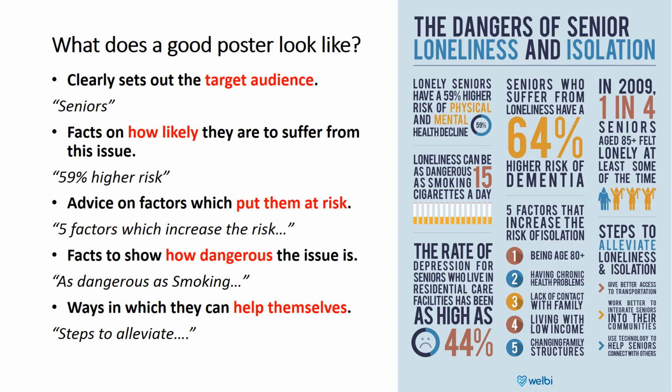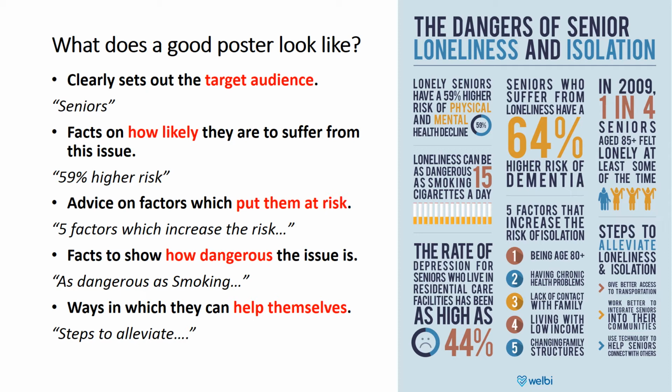Well, you can see there's a poster here that I've pulled off of Google Images, and this is about loneliness for older people. The first thing it does, and you can check your own poster, is clearly set out a target audience. You can see on here "seniors", which is the American word for older people, or the elderly. It will include some facts on how likely they are to suffer from that issue, because if people don't believe it's going to happen to them, then they're not going to be worried and they're not going to do anything about it.